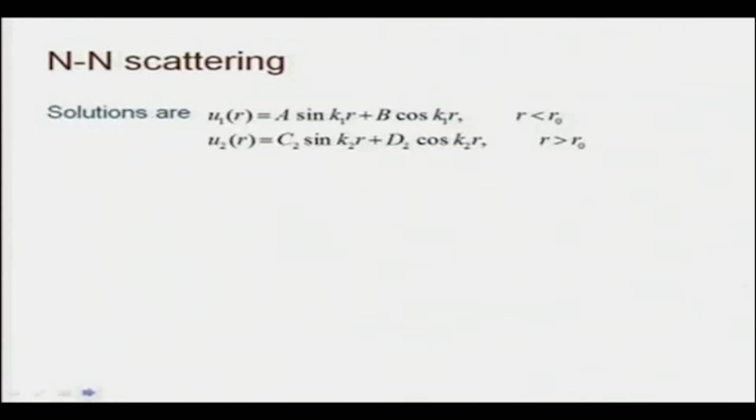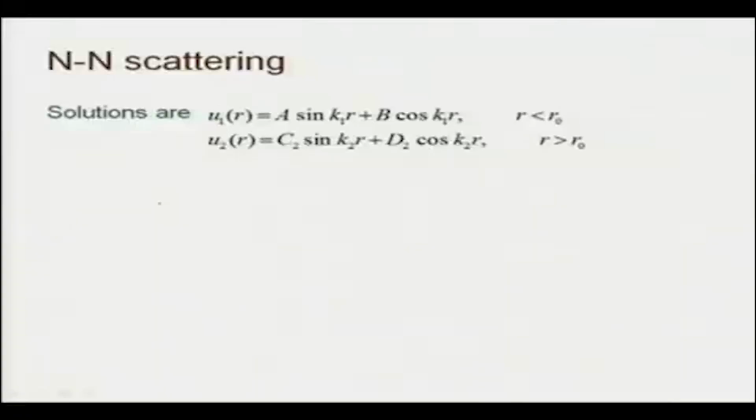So, for that part we will consider energy to be positive, because here we are talking about the scattering of a neutron over a proton, and the incoming neutron has kinetic energy, and we will assume that the total energy is larger than the potential, and so it is positive there.